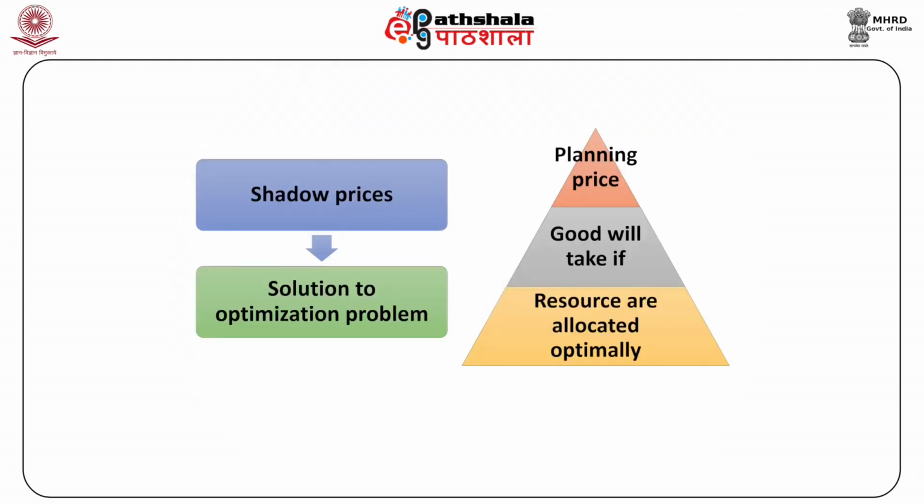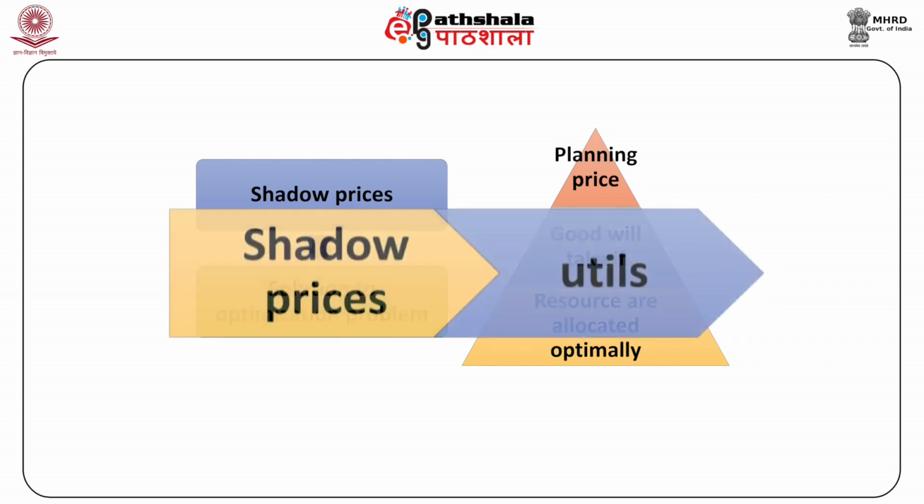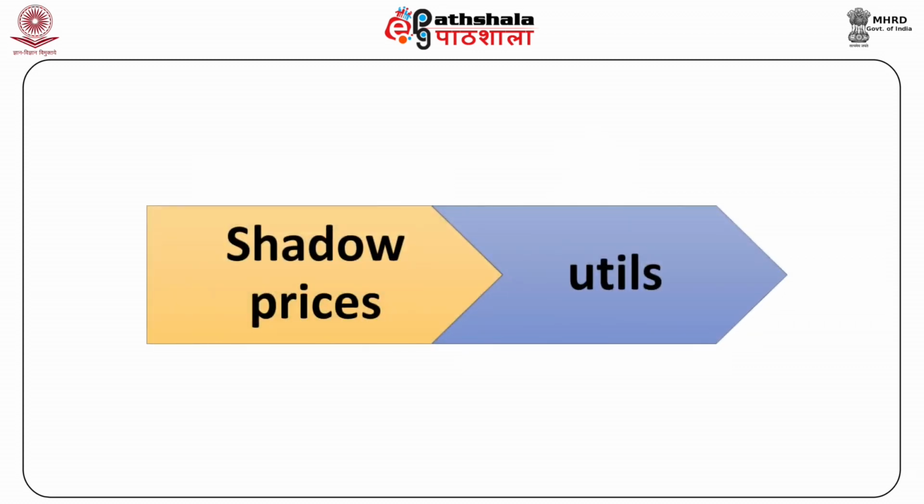A shadow price is the price that emerges as a solution to an optimization problem. Alternatively, it is an implicit or planning price that a productive input, in this case, will take if resources are allocated optimally over time. The shadow prices are expressed in terms of utils and not in terms of consumption or income.